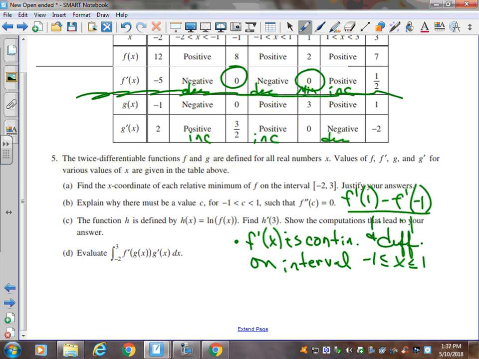Now you could even get more specific and say continuous on that interval and differentiable on the open interval. Do you remember some problems where we made those two separate steps? What was it called? Mean Value Theorem. So then in step 2, you'd fill this out.